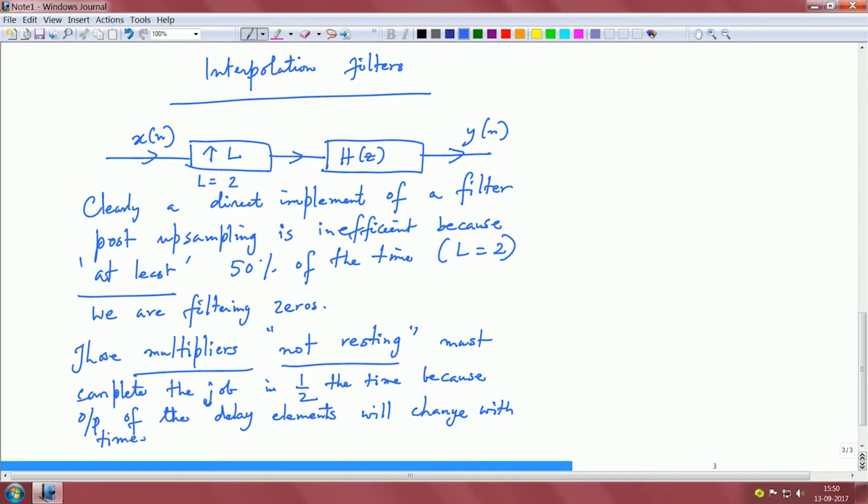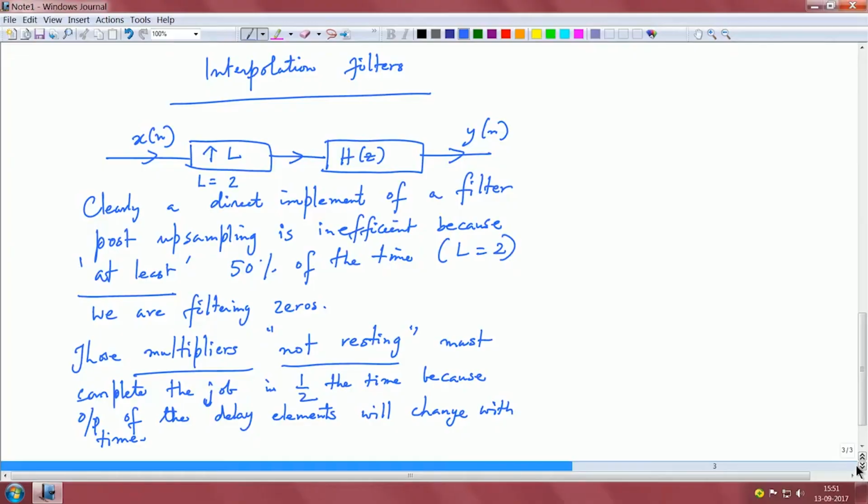If you think about any filter, basically you have delay elements, you have some scalars basically to scale the magnitude at the output of every tap delay line. So if you look at a direct form implementation, just the brute force way, you are really not efficient, because half the time you are just filtering the zeros and those multipliers are not resting, right. So they must complete the job in half the time for L equals 2.